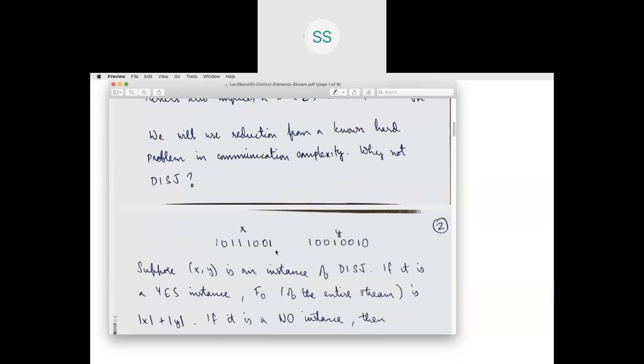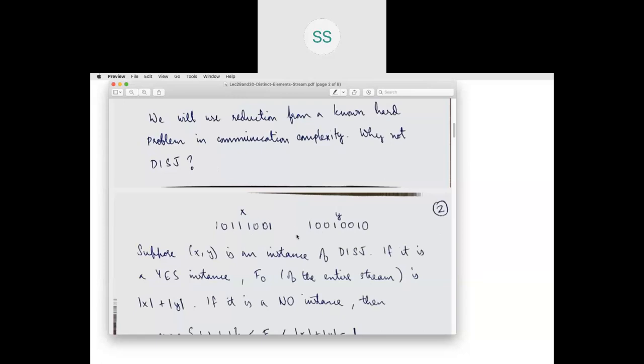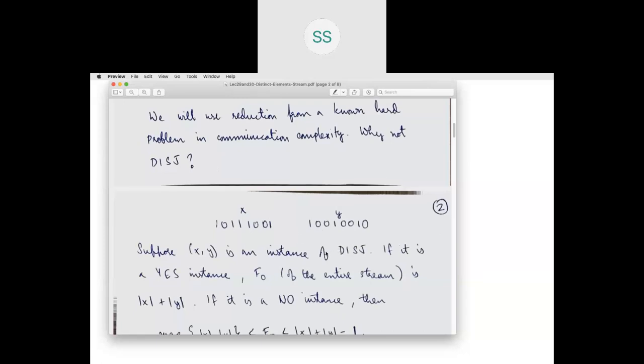Let us say this is X, Alice's input, this is Y, Bob's input, and let's say this is an instance of disjointness. Obviously this is not disjoint, because X1 is equal to Y1 equal to 1. But the point is not for this specific example. If it's a yes instance, meaning the inputs are disjoint, so what is F0?